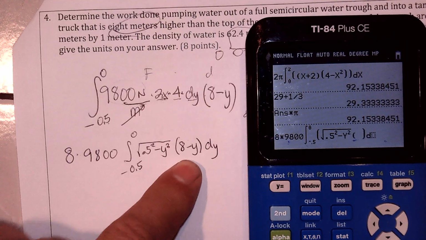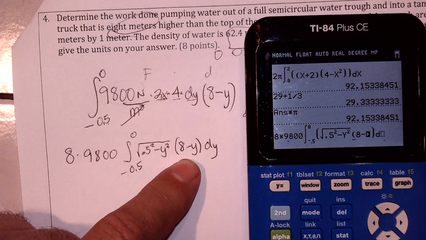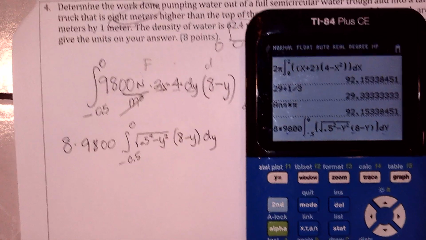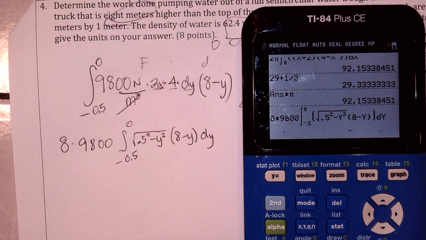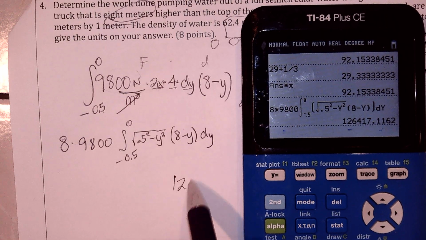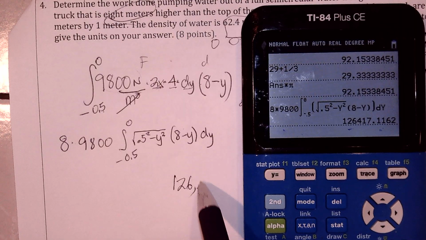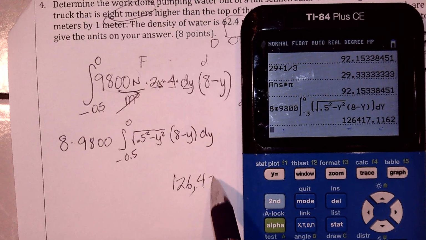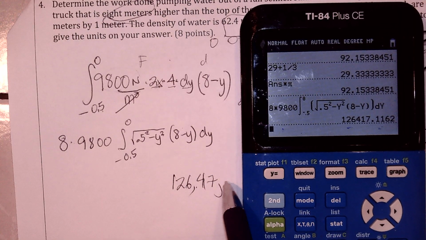Then I've got a parenthesis 8 minus y. Oh, I need to close that parenthesis. And with y. And it's thinking, and it comes up with 126,417 joules.